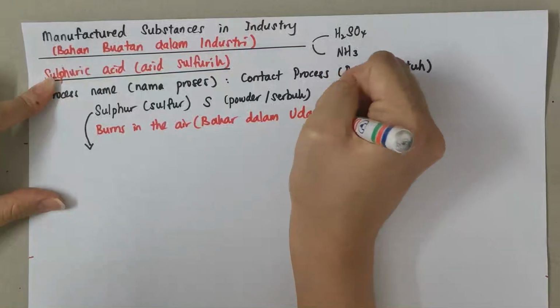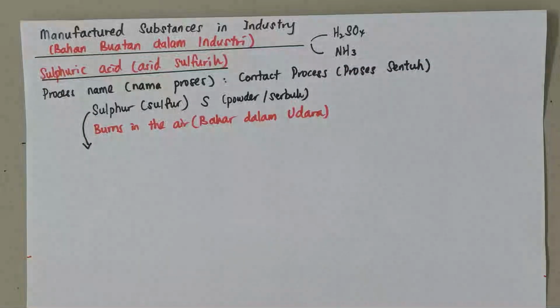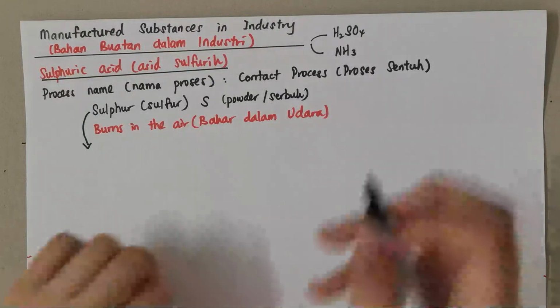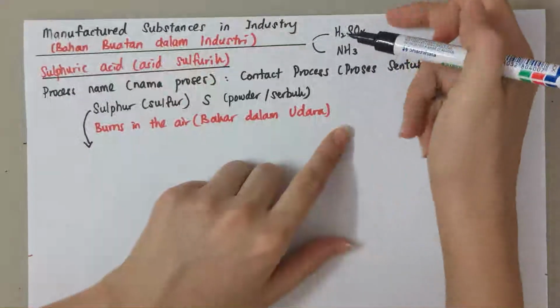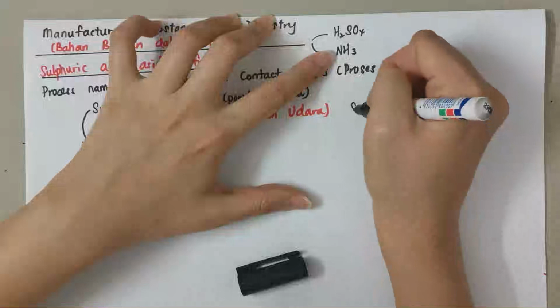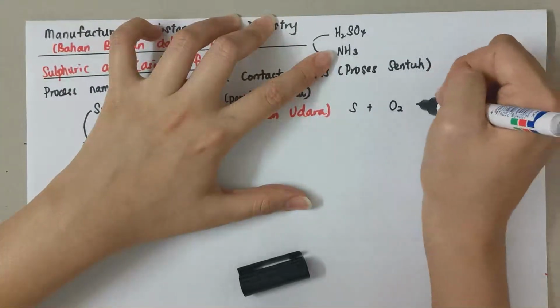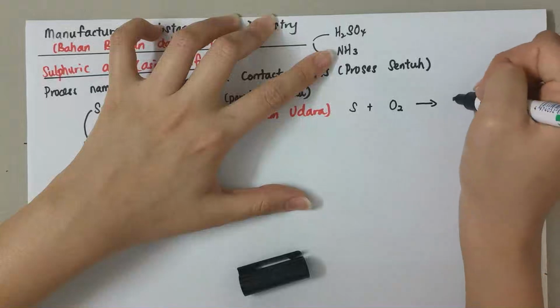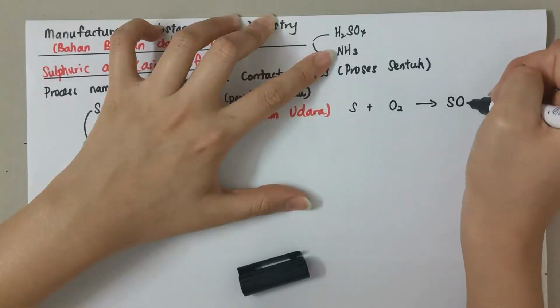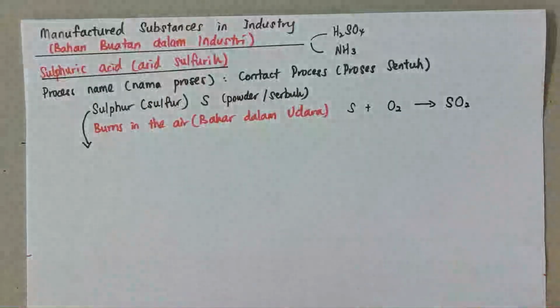When you burn sulfur in the air, sulfur reacts with oxygen. So this is the chemical equation. Sulfur reacts with oxygen, and in the end you get sulfur dioxide, SO2.